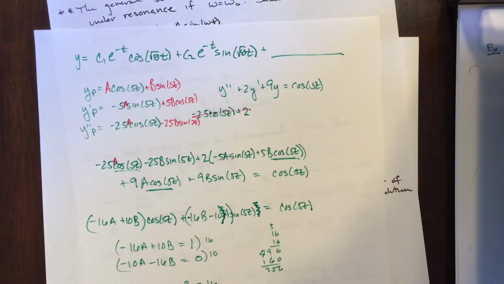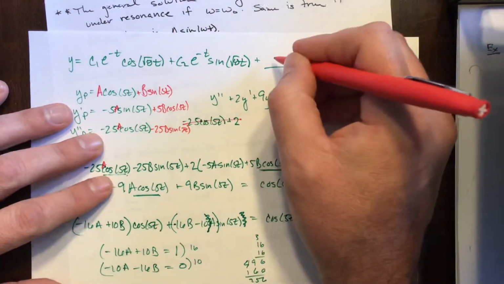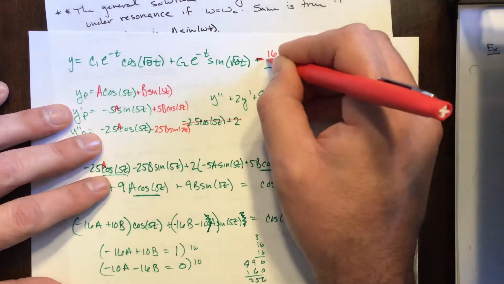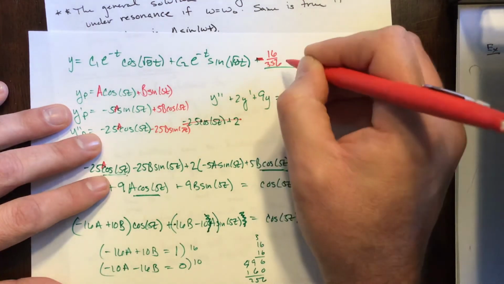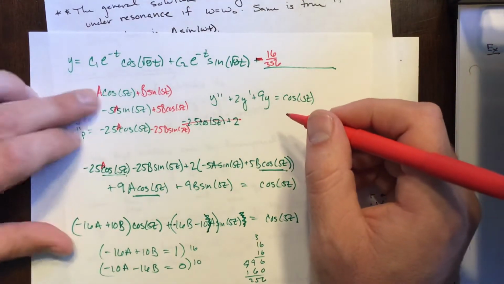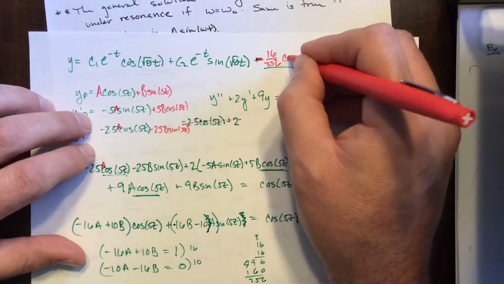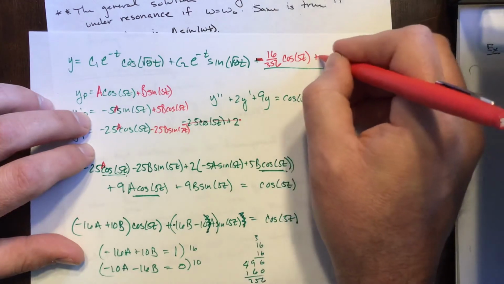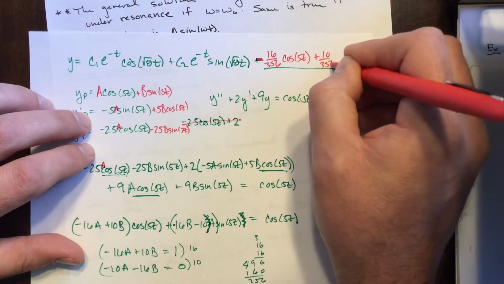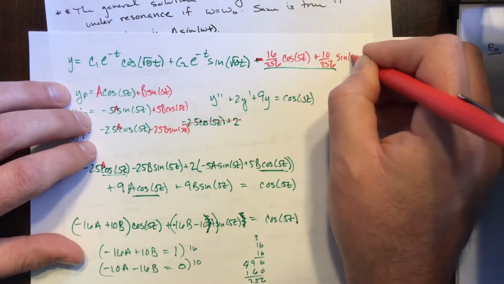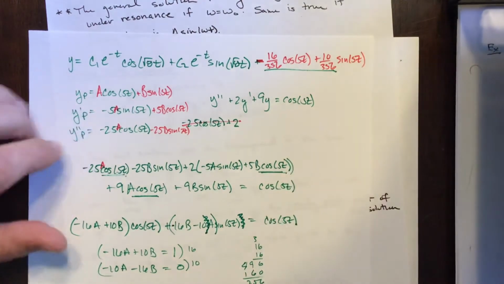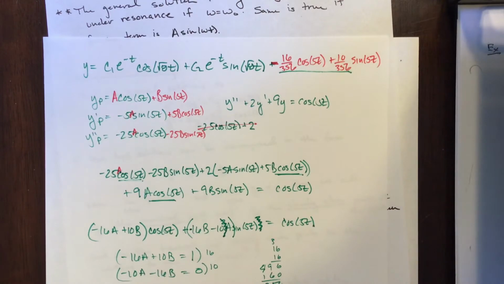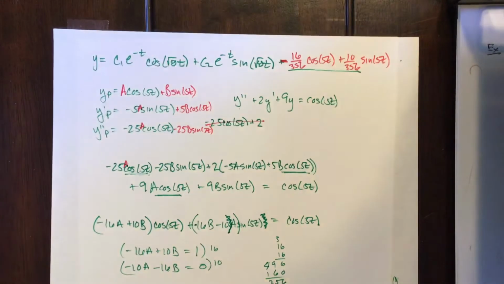Piecing this together, A is minus 16 over 356. What's A representing? The coefficient on cosine 5t. Plus B, that's 10 over 356 sine 5t. All right. And there you go. That's the particular solution.